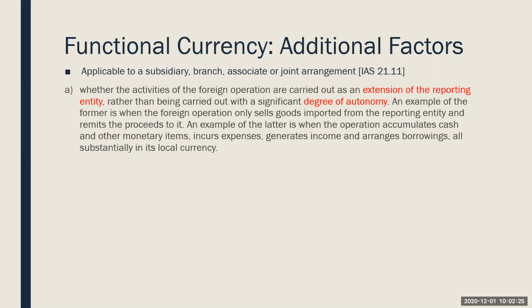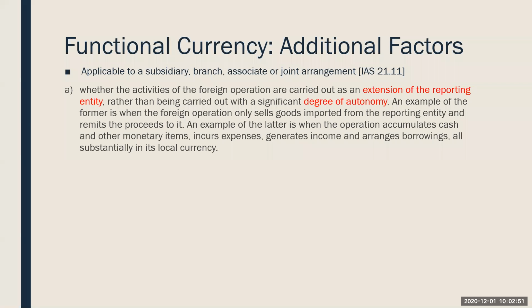Whether the activities of the foreign operation are carried out as an extension of the reporting entity, rather than being carried out with a significant degree of autonomy. An example of the former, an extension of the reporting entity, is when the foreign operation only sells goods imported from the reporting entity and remits the proceeds to it.